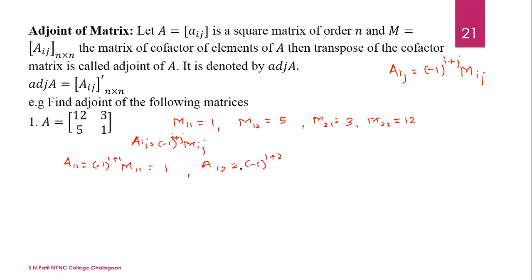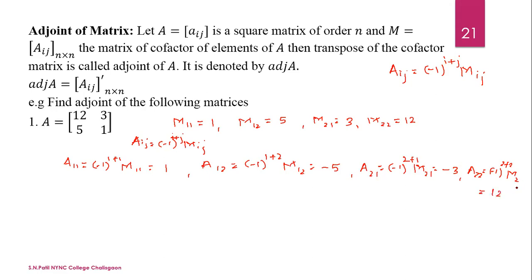Whatever the suffix is, take its addition. M12, the sign is minus and then 5, that is minus 5. Now A21 is minus 1 raised to 2 plus 1 into M21, that is 3, and the sign is minus, that is minus 3. And last A22 is minus 1 raised to 2 plus 2 into M22, that is minus 1 raised to 4, that is plus, and keep the 12 as it is.